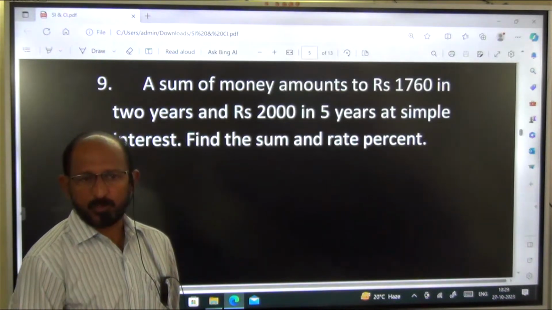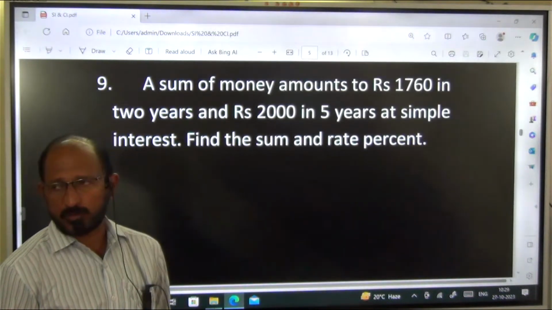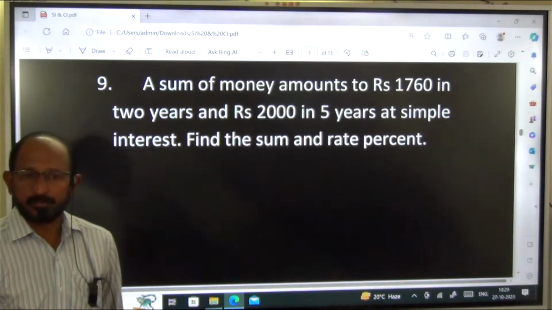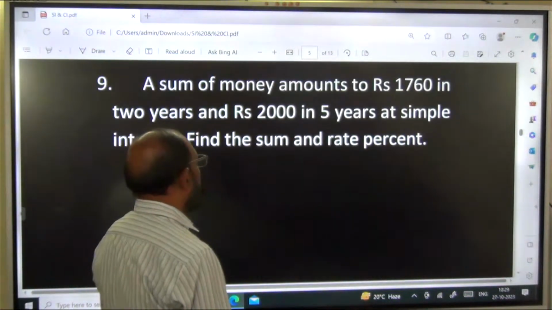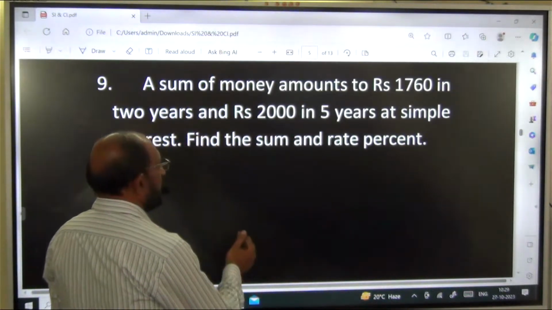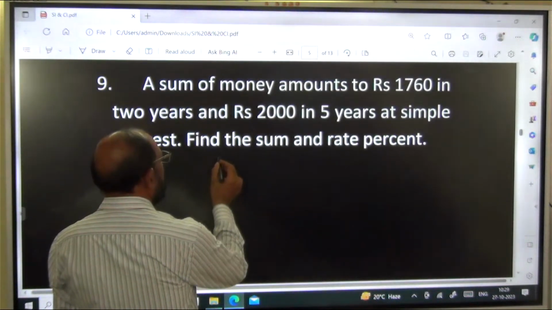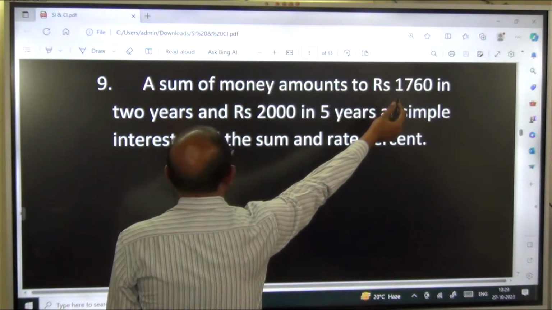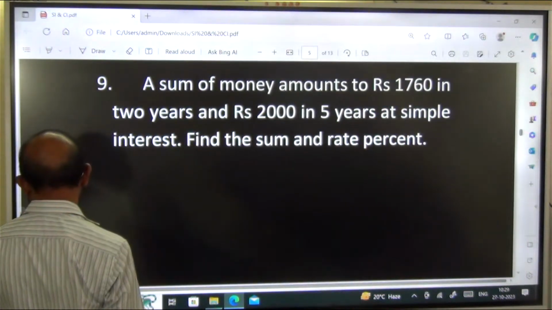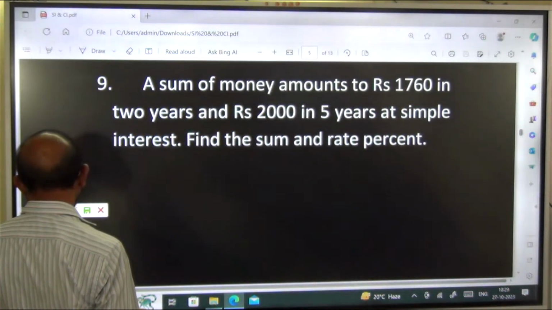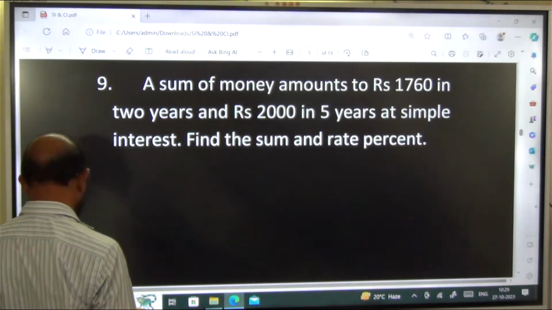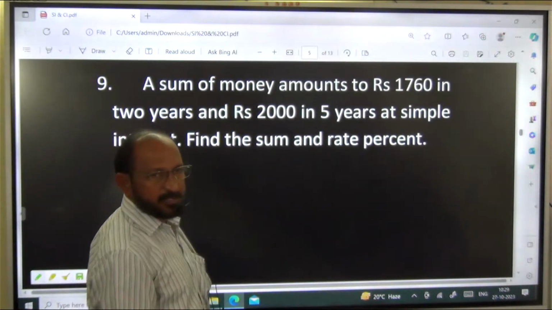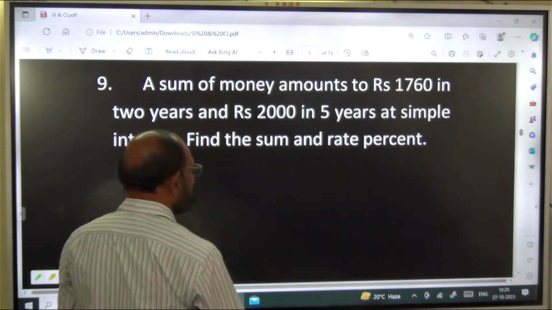That sum has to be found out. How to find out that? Here, 2000 rupees in 5 years, and this is 2 years, 1760.